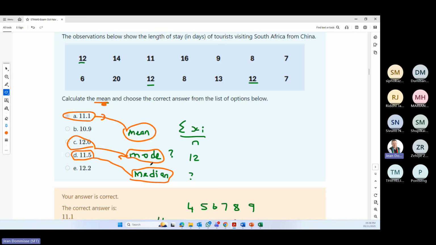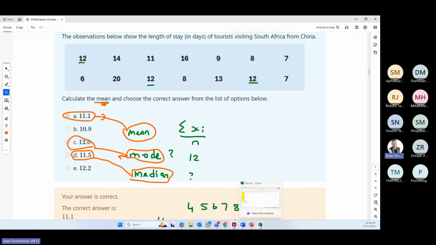They've got the mean, but not that. So the mode, the one that happens the most, you can identify by looking at it. For the median, you would have needed to order the data.